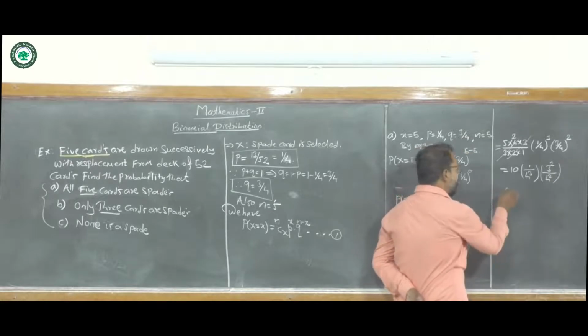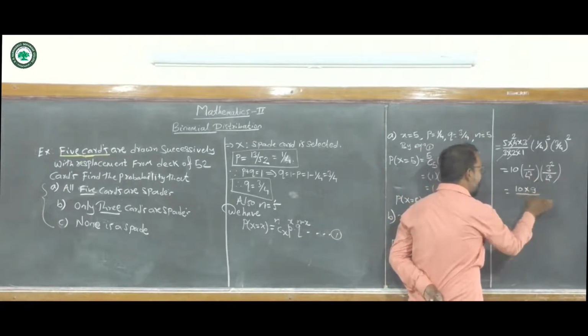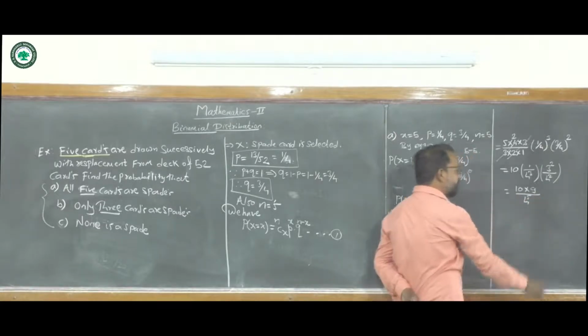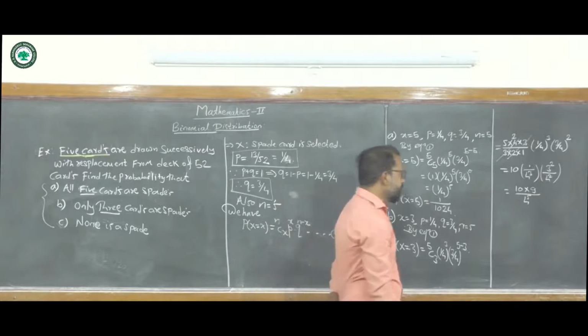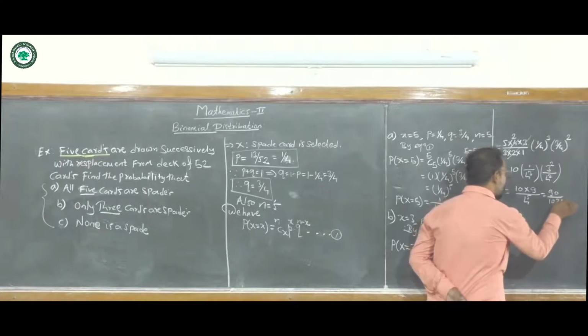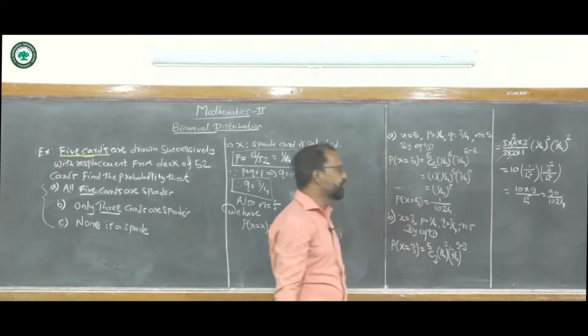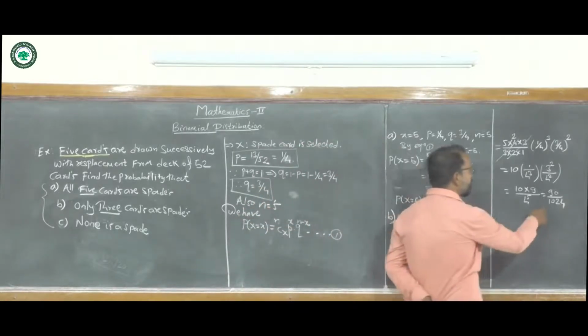So totally it becomes 10 into 9 upon 4 raised to 5, which is 90 upon 1024, because we know that 4 raised to 5 is 1024.